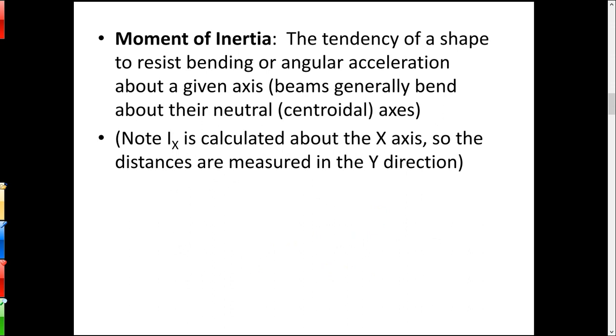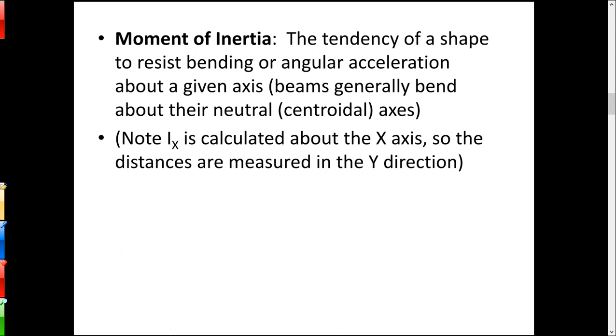Moment of inertia, it's the tendency of a shape to resist bending about a given axis. So I sub x is calculated about the x-axis, so the distances are measured in the y direction. The reason I'm calling that out is the difference in the nomenclature. When you're doing x bar, you're measuring in the x direction.